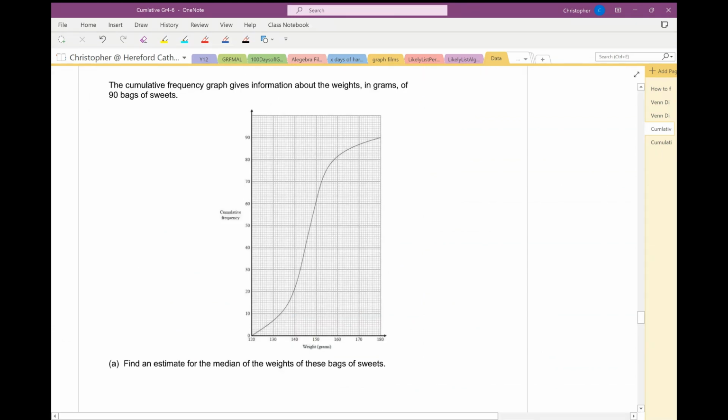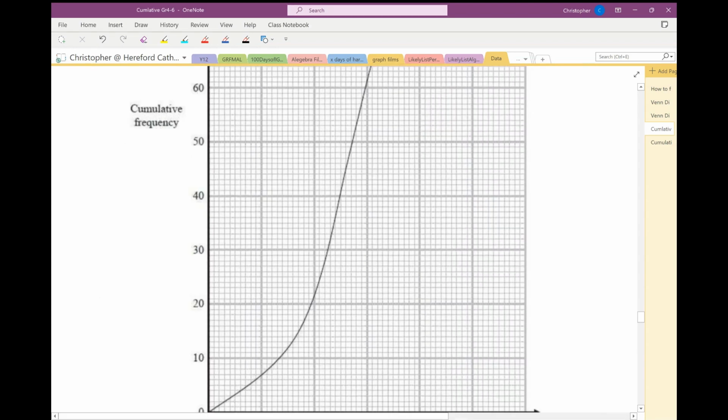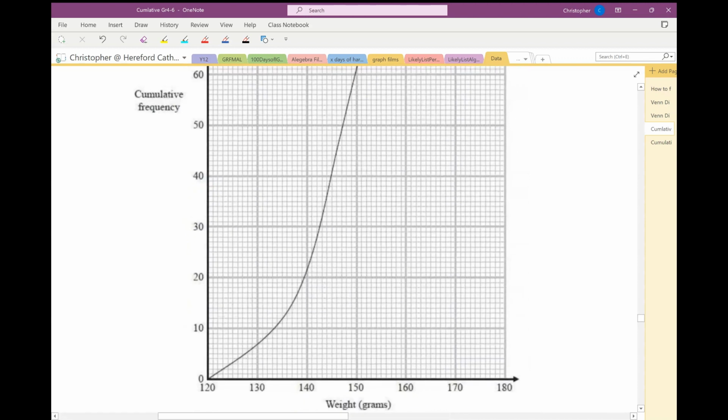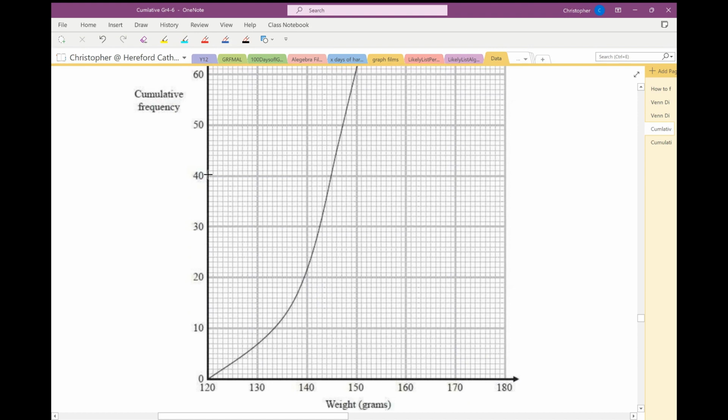Question 7. Right. The cumulative frequency graph gives information about the weights in grams of 90 bags of sweets. It might be useful to remember that there are 90 bags of sweets. Find an estimate for the median weight. So I'm looking for the weight of the 45th bag. Right, so I'm going to draw a line across here. That's 41, 42, 43, 44, 45.